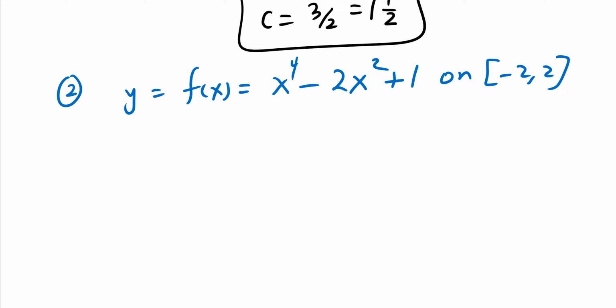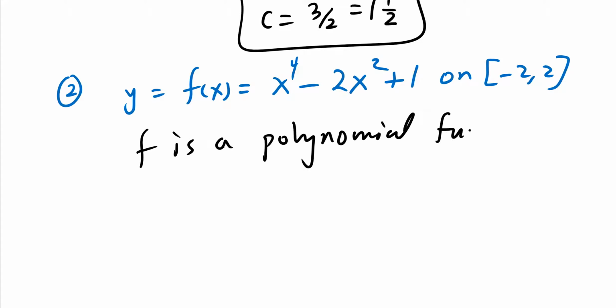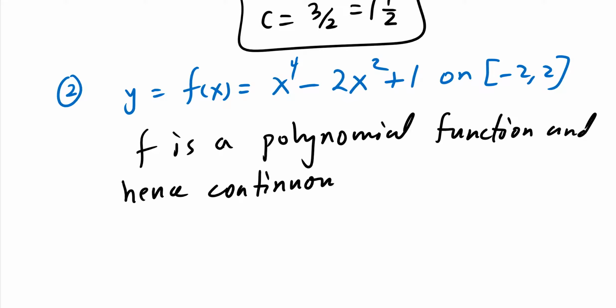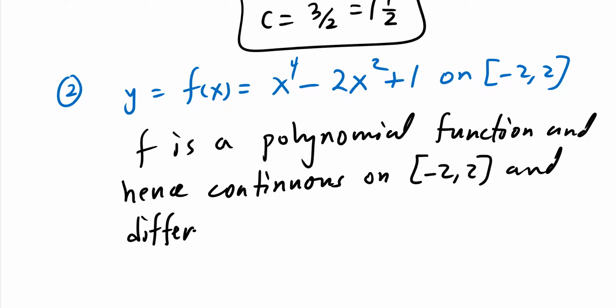We see that this function f is a polynomial function, and hence continuous on the closed interval -2 to 2 and differentiable on the open interval -2 to 2.